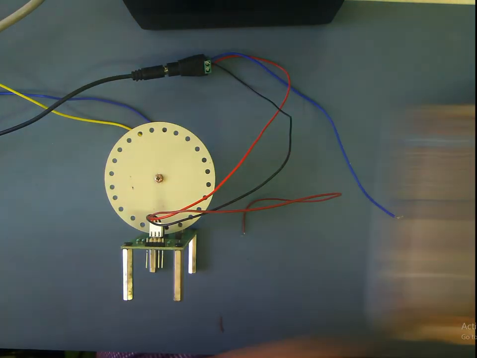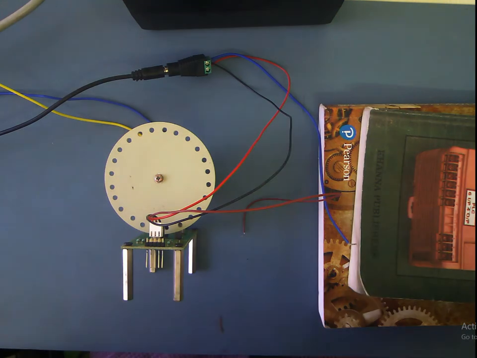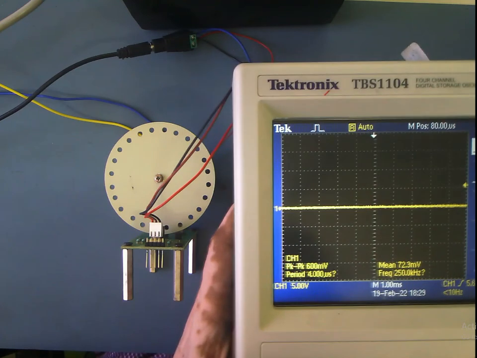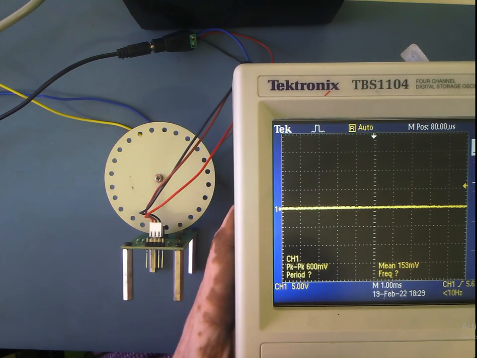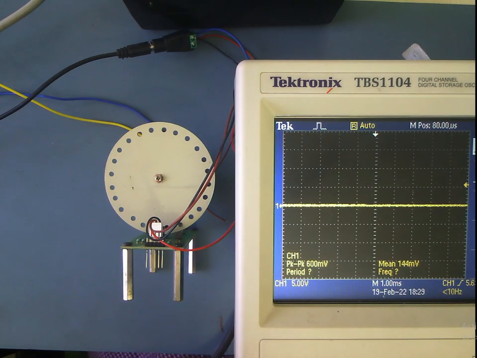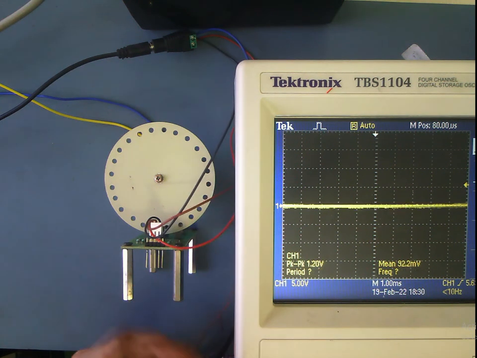So we have to invite the CRO here in order to see the pulse. I will be putting the CRO like this so that we can have a concurrent view of the motor and the CRO screen.